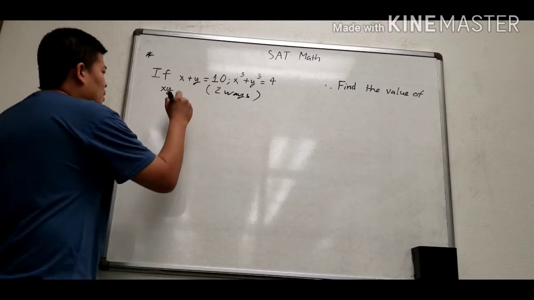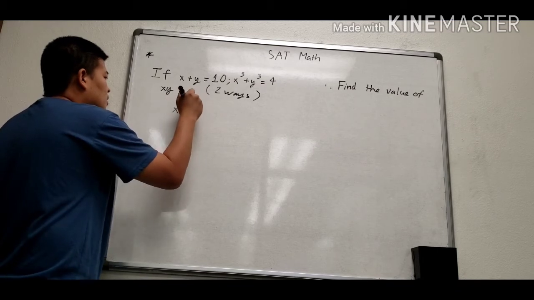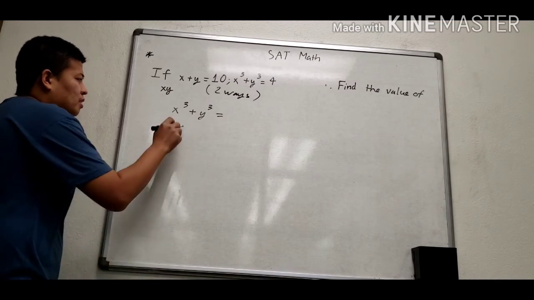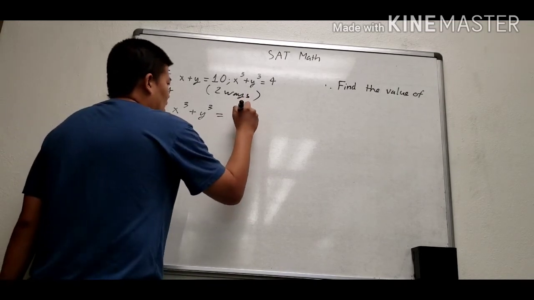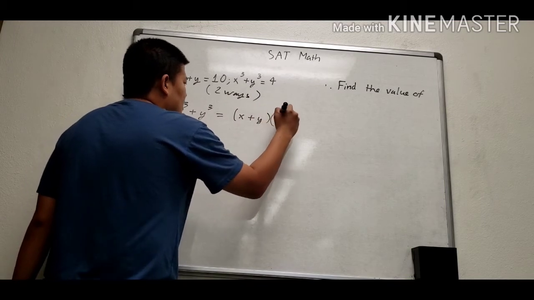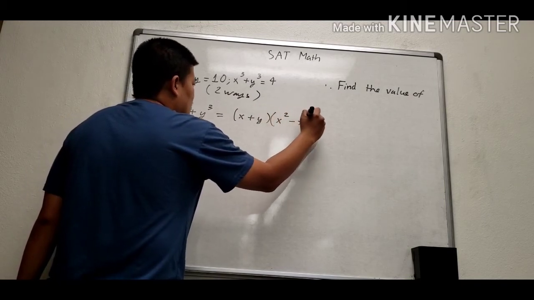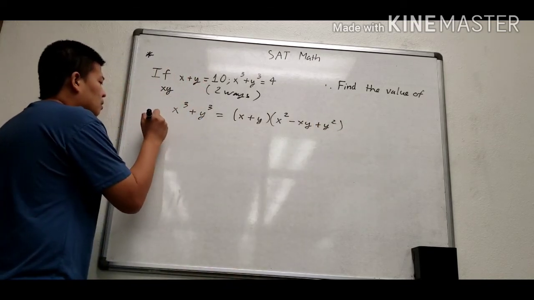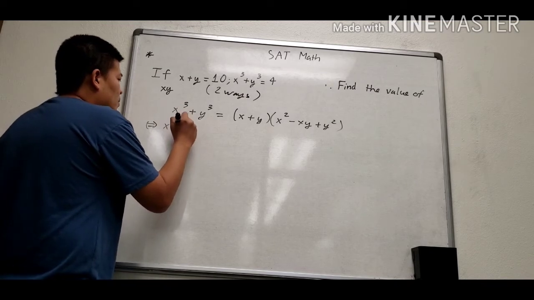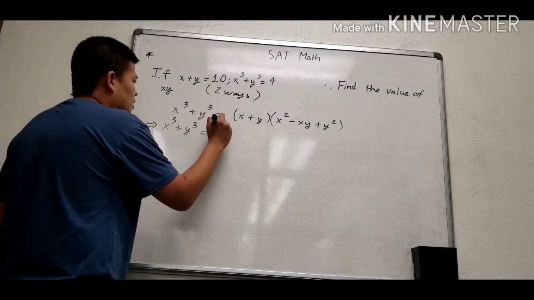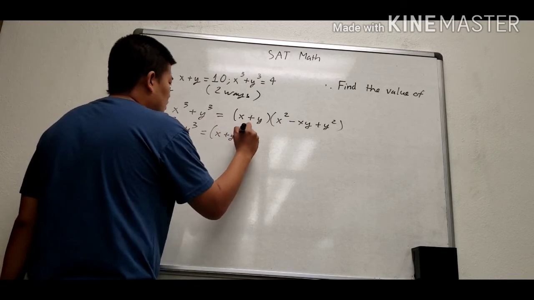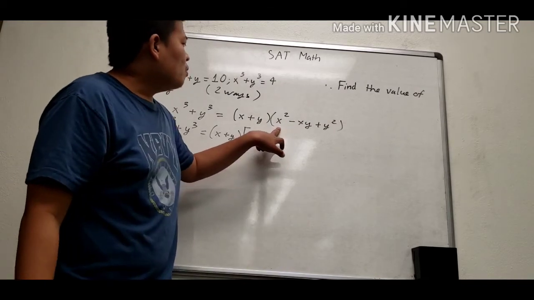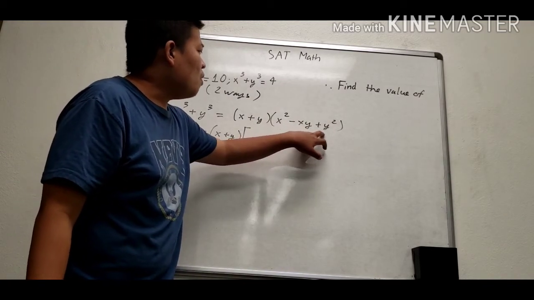we use x power 3 in here. X power 3 plus y power 3 is about x plus y, x power 2 minus xy plus y power 2. In here you can see that we have x power 2 minus xy plus y power 2.